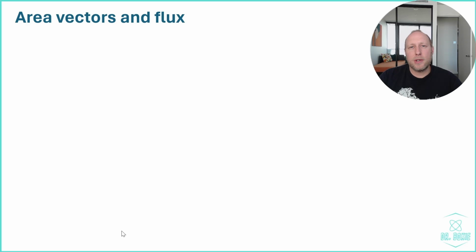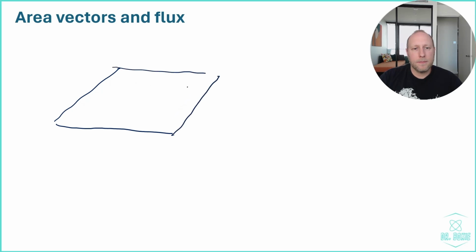In order to define surface integrals, we first want to have a way to represent areas of surfaces using vectors. And this is done in the following way. Here is some surface, some sheet. And we define a unit vector known as the normal vector, and it will be represented by n hat. So here is the vector n hat, and it points perpendicular to the surface.